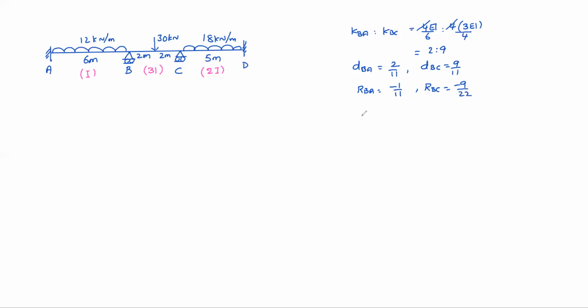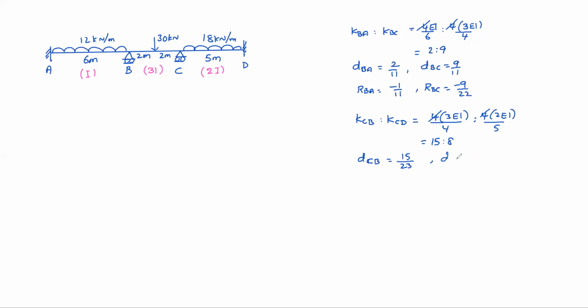Similarly, KCB is to KCD equal to 3EI by 4 is to 4 times 2EI by 5. So 4 gets cancelled, 15 is to 8. So distribution factor of CB equal to 15 by 23.